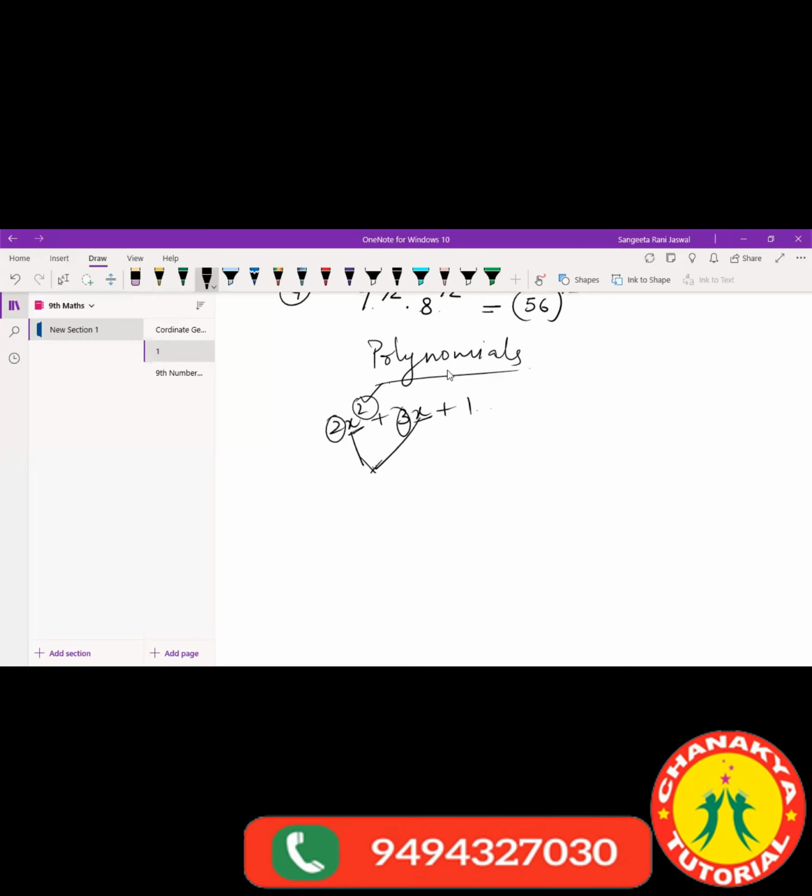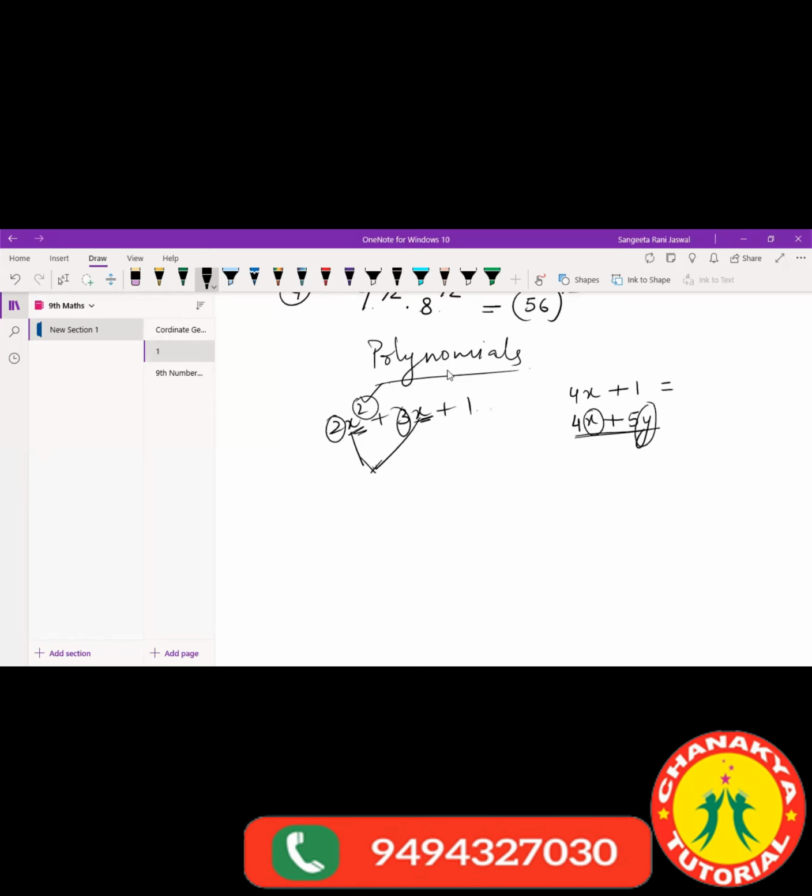Okay. So those polynomials which have one kind of variable. One kind means suppose if I have all the variables same. X hai, yahan bhi x hai. Okay. If suppose I have something in terms of two variables, here x is one variable, y is another variable, then this is not a polynomial in one variable.